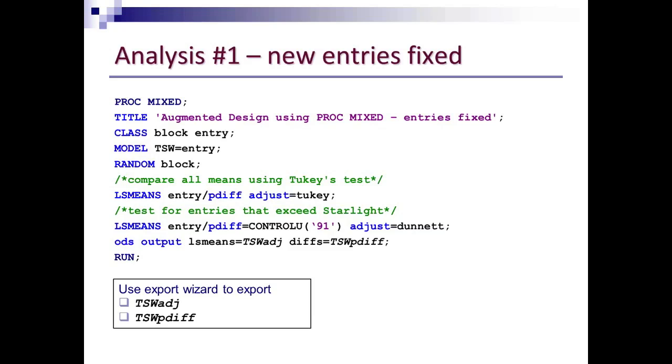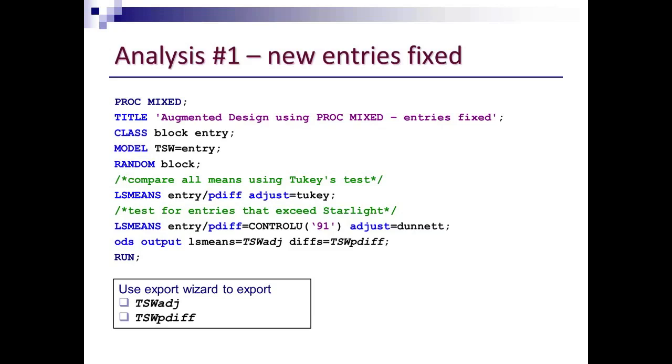So if you're going to do all possible comparisons among your entries, you need to take some kind of precaution to ensure that you don't inflate type 1 error. So in my LS means statement there, I've used a Tukey adjustment to allow for all possible comparisons.